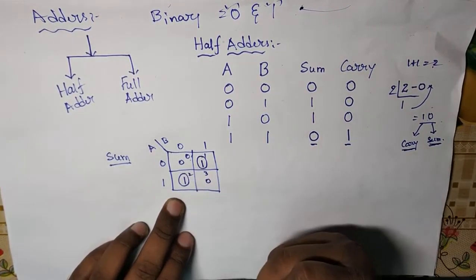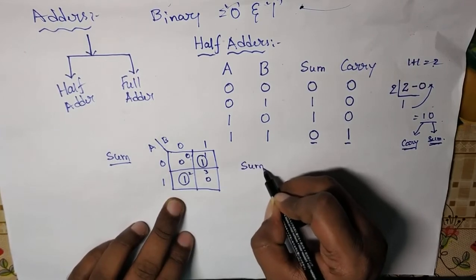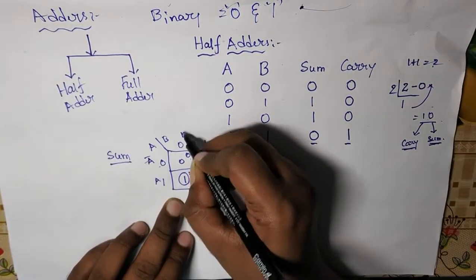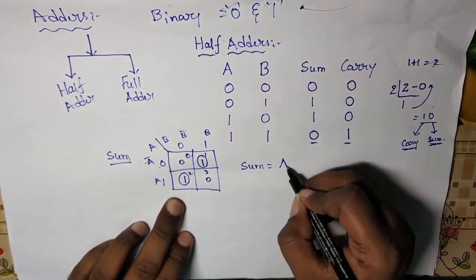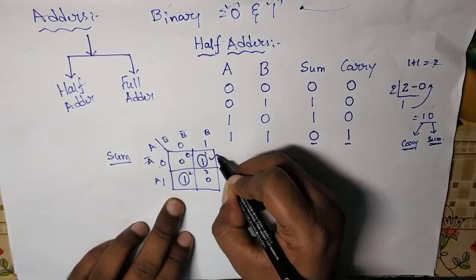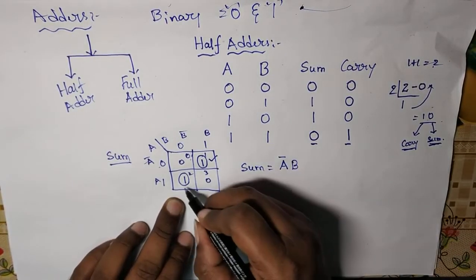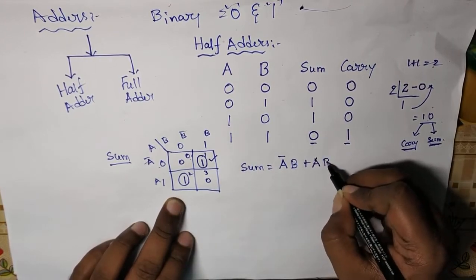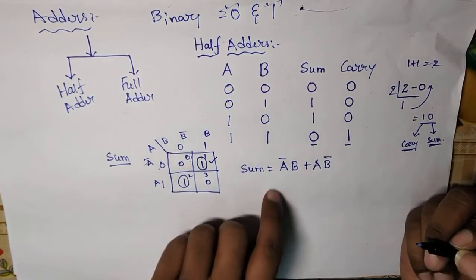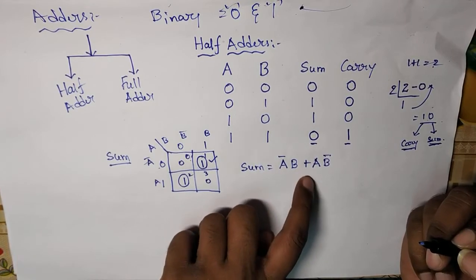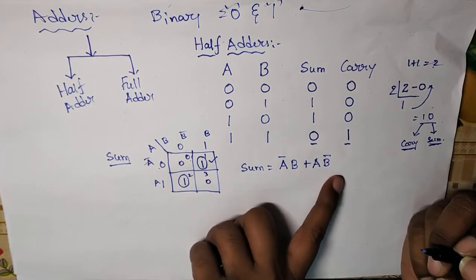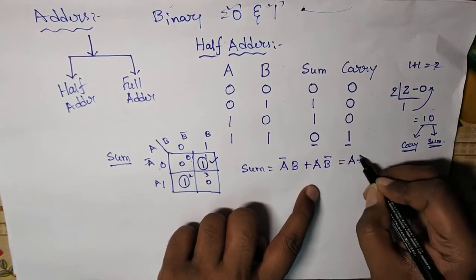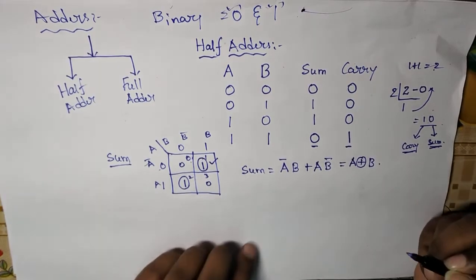If you group these values, here it is A bar, here it is A, here it is B bar, here it is B. So the sum value will be equal to A bar B for this term, and the other term will be A B bar. We know very well that a complement with true in addition with true with complement is nothing but an XOR operation. So I simply read it as A XOR B as my sum.